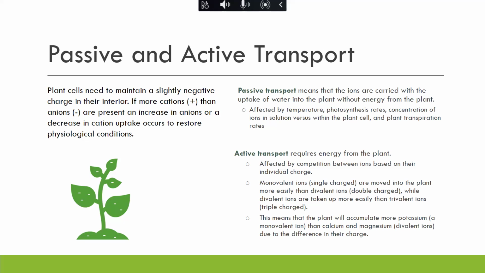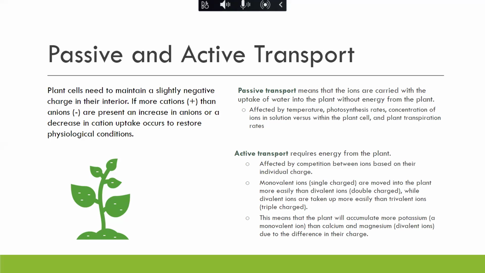But those monovalent single charge ions are actually moved more easily into the plant than divalent ions, those double charged ones, which are moved more easily than the trivalent, which would be moved more easily than the quadvalent. So the more charged the particle is, the more difficulty the plant has uptaking.